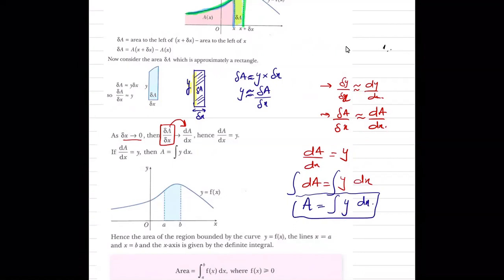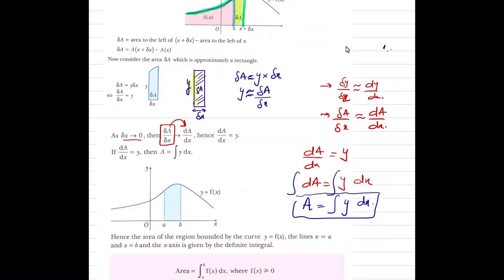So this tells you that if ever you want to find the area, if you integrate the function with respect to x, you're going to get the area bounded by the curve and the x-axis. And if you integrate the function having limits as a and b, it is just going to give you the area confined between the two limits.